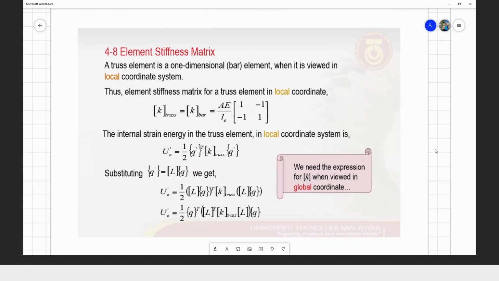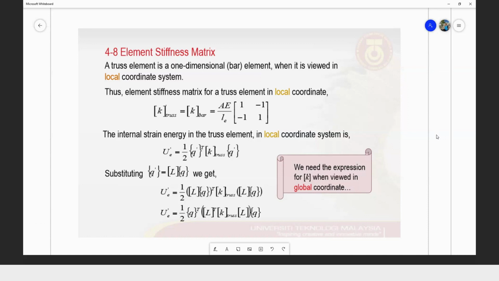Alright, now we come to the element stiffness matrix. The element stiffness matrix for plane trusses is also derived from the potential approach. So we work with the internal strain energy.